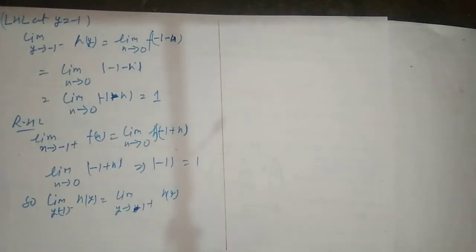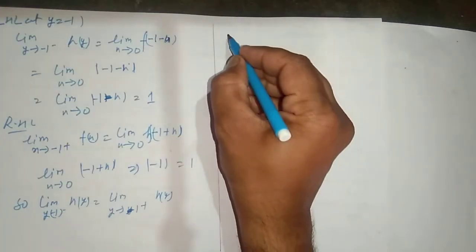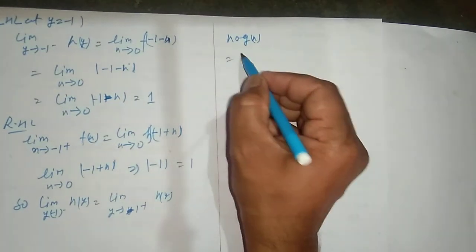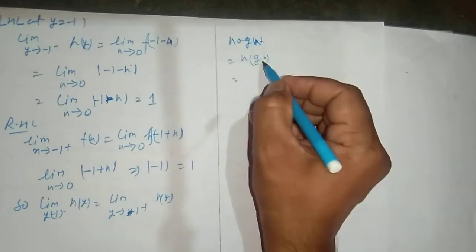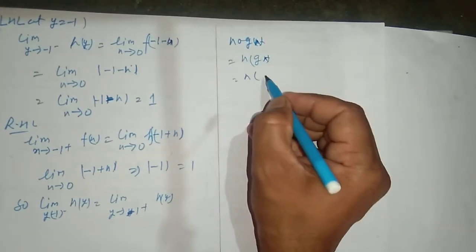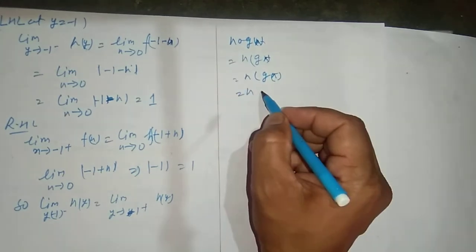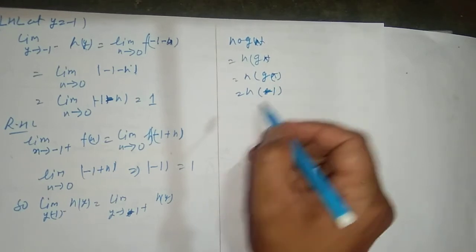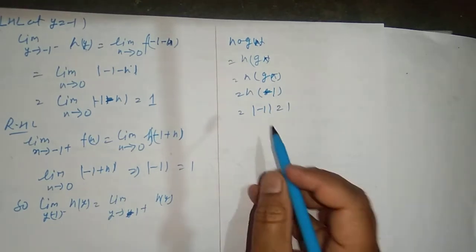Now we have to prove the composition of functions. So h(y) can be written as h(g(x)). Clear? So h(g(π)): we know that g(π) is -1 and it is modulus of -1, so we get 1.